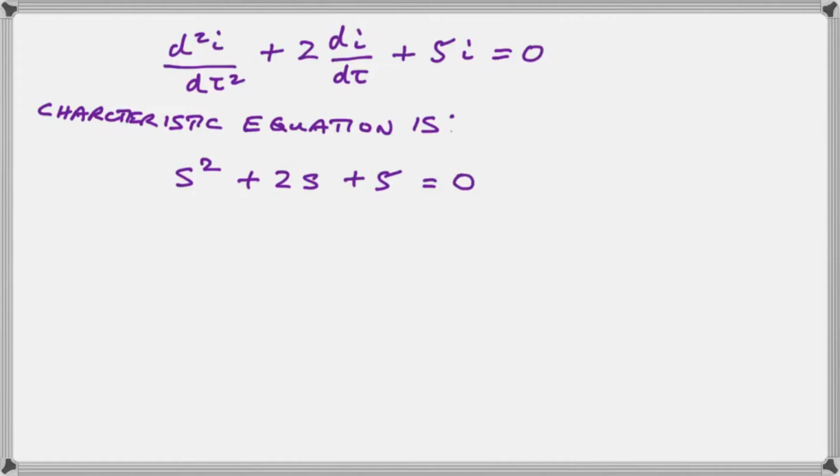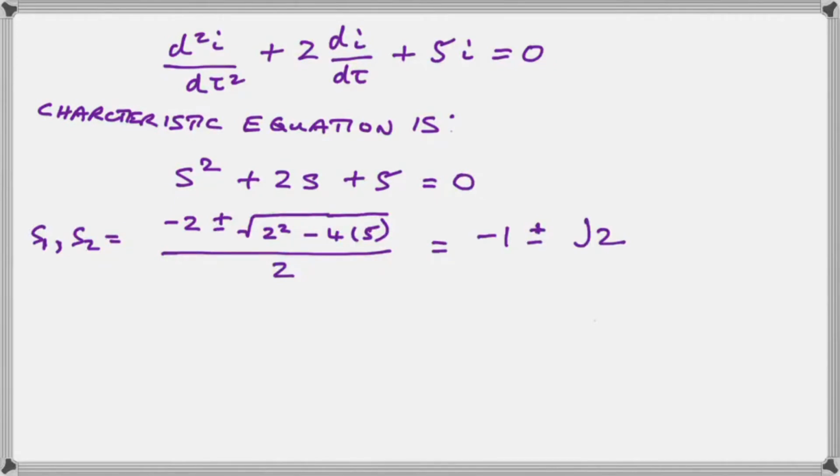The characteristic equation for that differential equation is simply a quadratic equation: s squared plus 2s plus 5 equals 0. So we use the quadratic formula on that quadratic equation, and we end up with a complex pair.